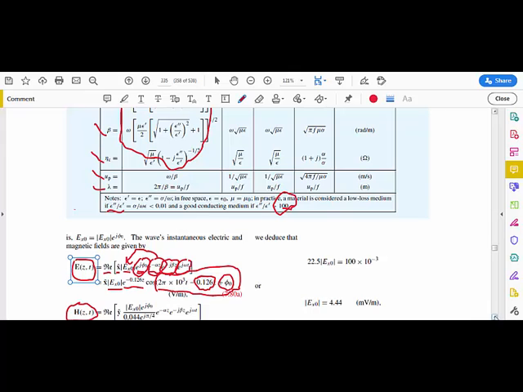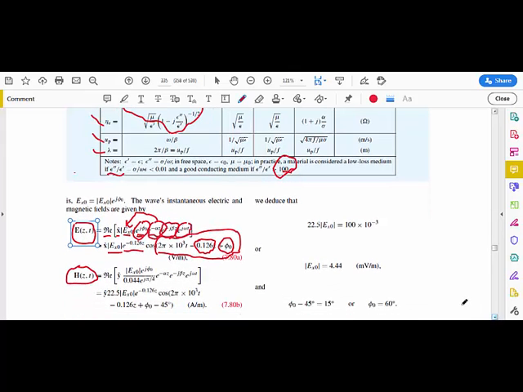Same thing for the magnetic field, we just have the magnitude of the electric field divided by the intrinsic impedance. In intrinsic impedance we also have magnitude and phase, because the intrinsic impedance represents the relation between the electric field and the magnetic field.